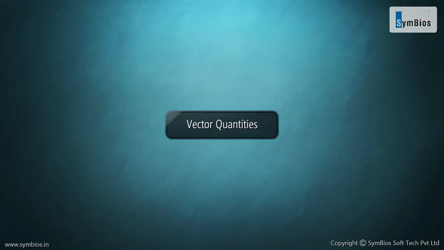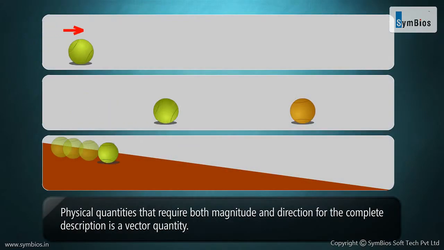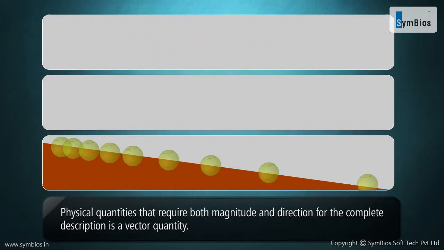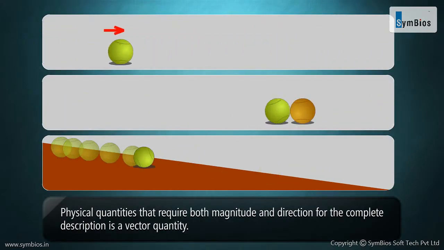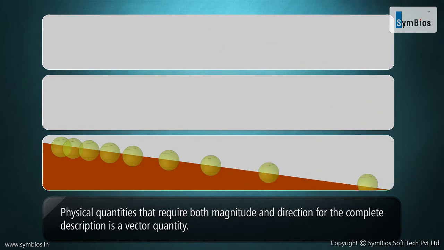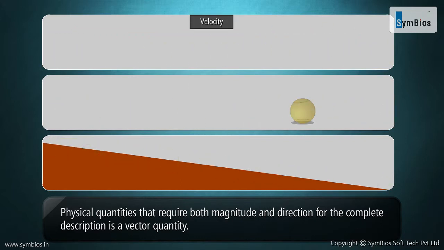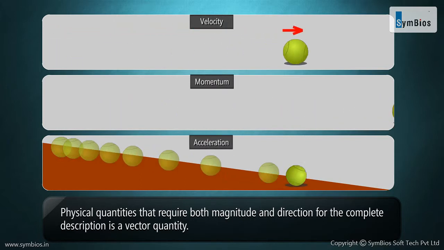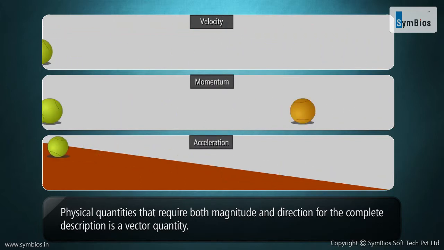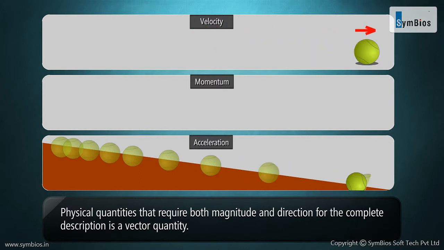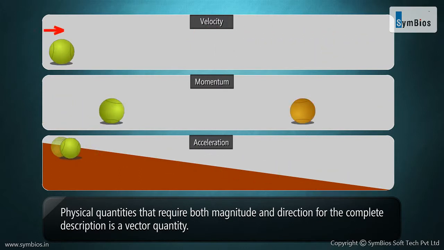Vector quantities: physical quantities that require both magnitude and direction for the complete description are vector quantities. Velocity, momentum, and acceleration are a few examples of vector quantities.